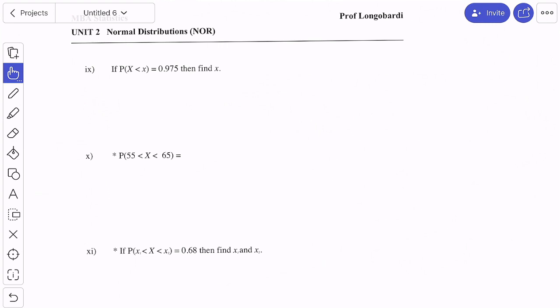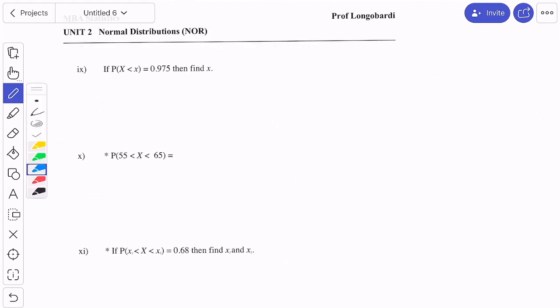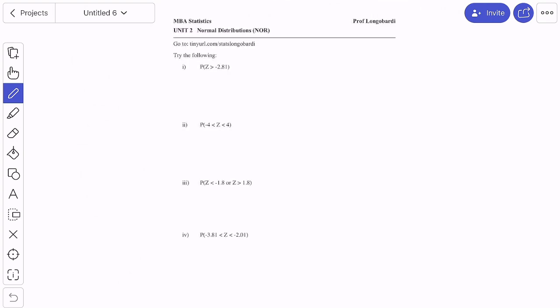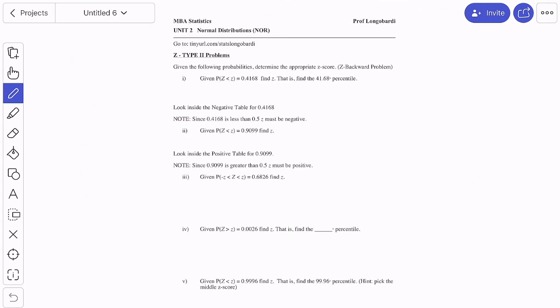So this is a backward type problem. Initially, the problems before were what I called type 1. Let me see where I write it.